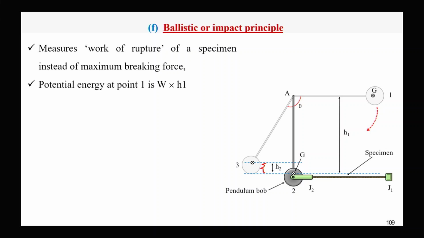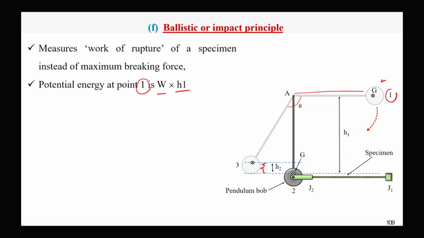So potential energy at the starting point 1, when we swing the pendulum to its initial position, that is 1 in the horizontal position, where W is the weight of the pendulum and h1 is the height.